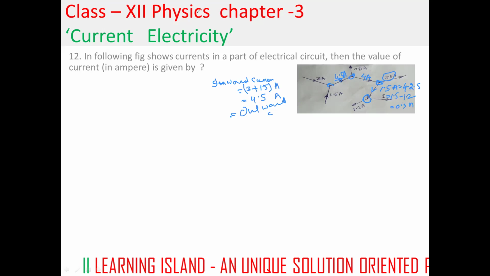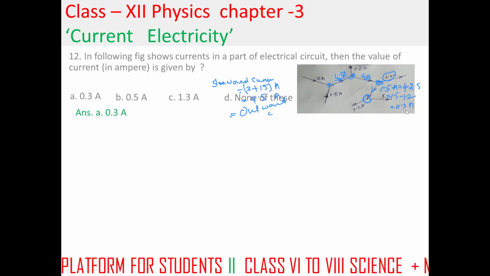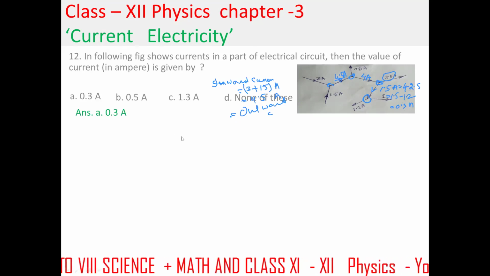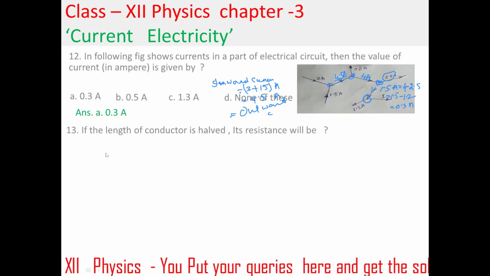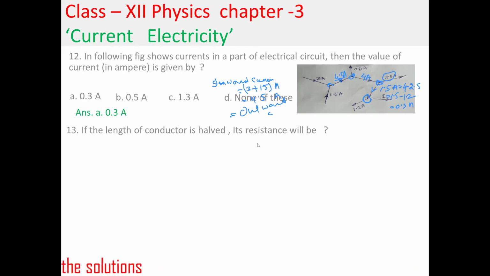Now let us see what is the answer given here. These are the options. So answer is 0.3 ampere. I hope you got it. And now let us go to question number 13. If the length of conductor is halved, its resistance will be what?